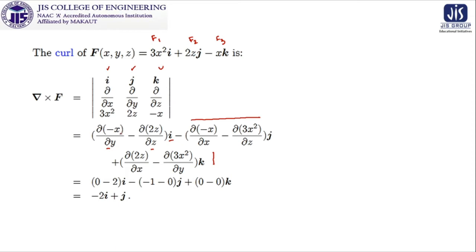Most importantly, look at this, this will give you 0, then this is a minus sign, this by partial differentiation is 2. And similarly it is minus 1 and 0 and 0 and 0. I am not emphasizing the calculational part, I want to emphasize the final line. What is the final line you got? It is minus 2i plus j.